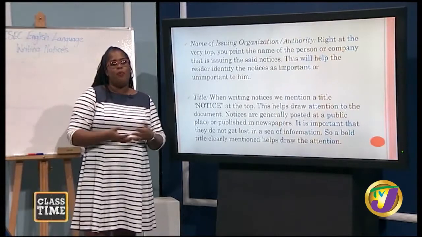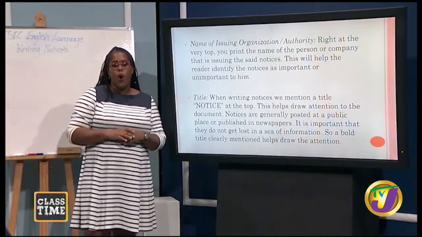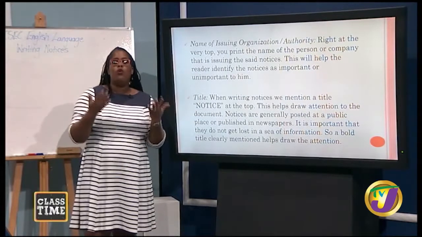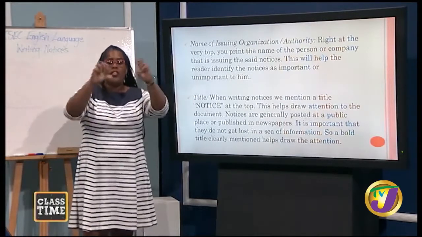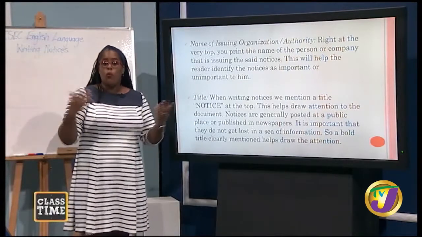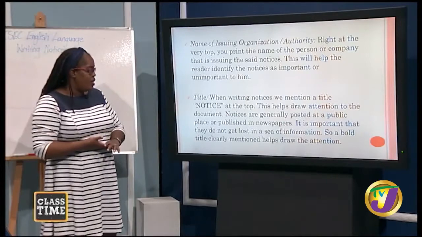So that is the purpose of you writing the word notice in all caps and putting it in bold as well, to grab the reader's attention. So then and there, you see the word notice, you want to know what the notice is about, you would want to read it. Very good, right? So we have to consider these things.